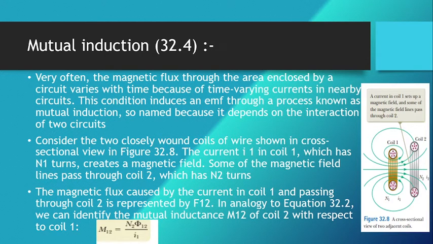So we can say that the induced EMF equals some constant times the rate of change of the primary current, and this constant we will call M, which is the coefficient of mutual induction or the mutual inductance.